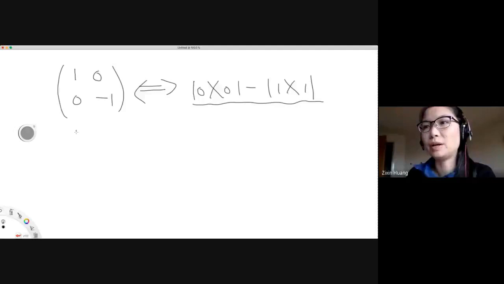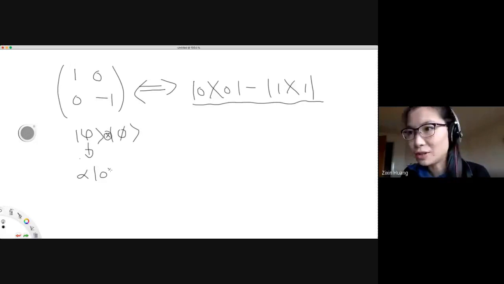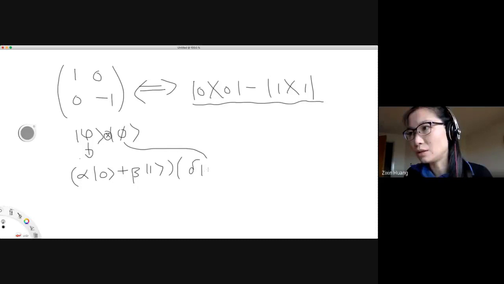If you have two qubits, psi and phi, to describe this particular system you would say this is a tensor. In bracket notation, let's say psi is alpha 0 plus beta 1, and phi is equal to gamma 0 plus delta 1.